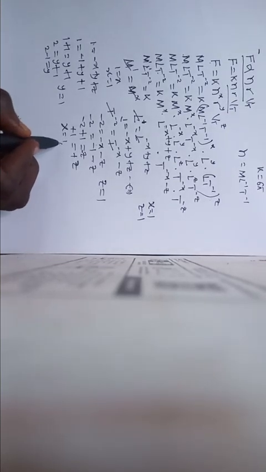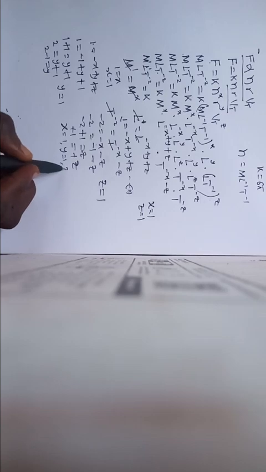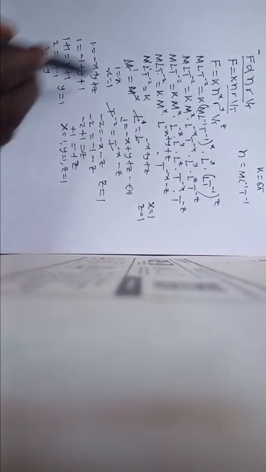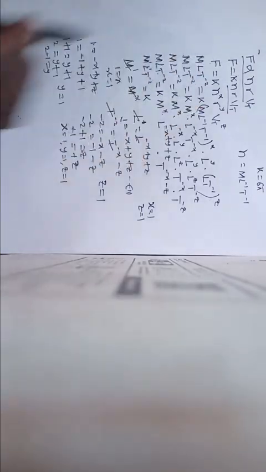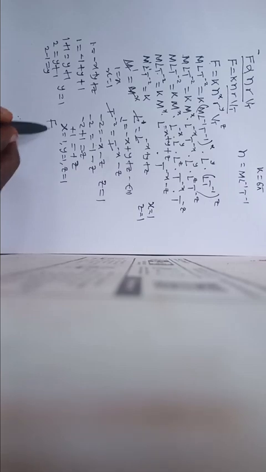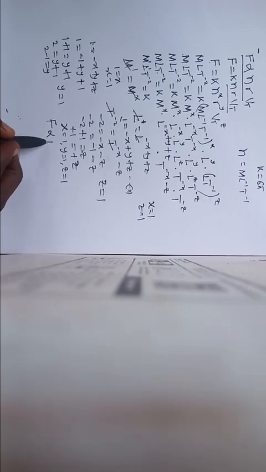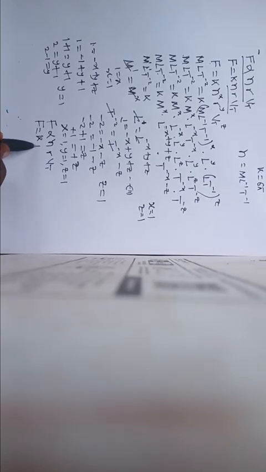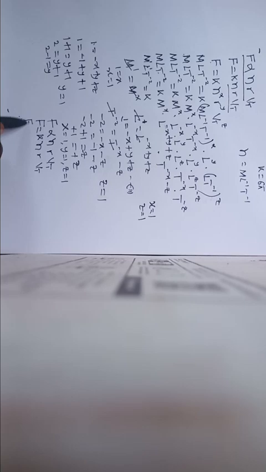x is equal to 1, y is equal to 1, and z is equal to 1. That implies that if you bring back our equation, what we said is that the viscous drag F is proportional to the viscosity eta, the radius r, and the terminal velocity v. Then we said F is equal to K eta r v.